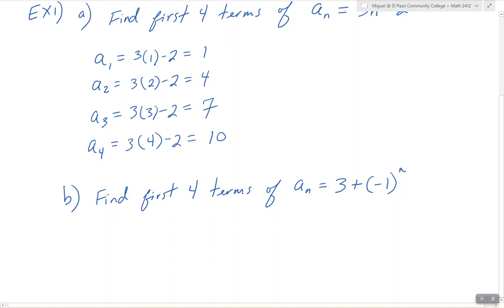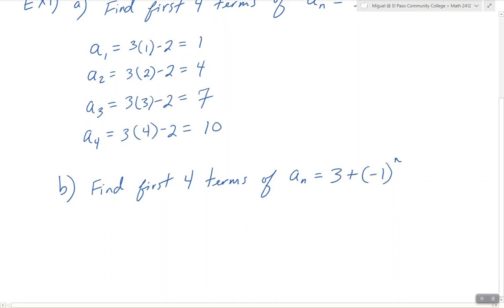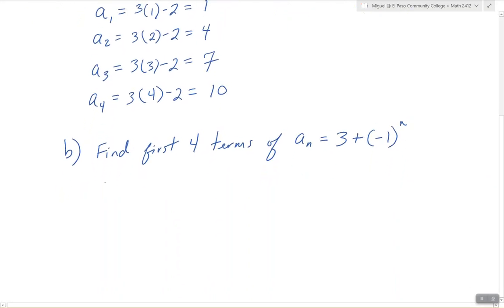Part B, same thing, but different formula for each term. A sub n will be given by 3 plus negative 1 to the n power. They also want the first 4 terms. A1, 2, 3, and 4.